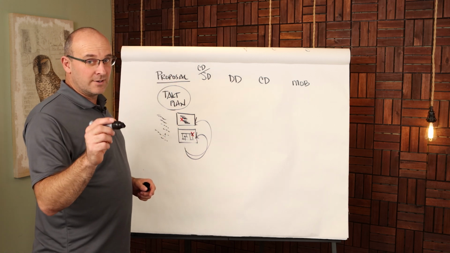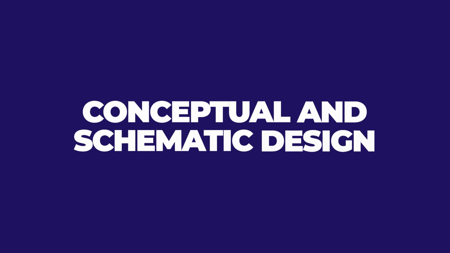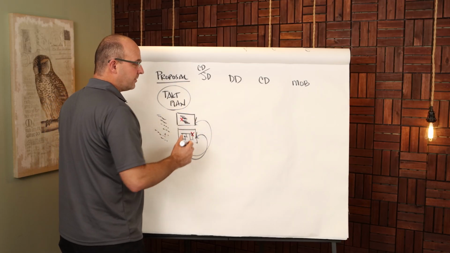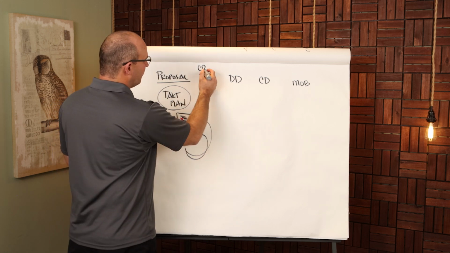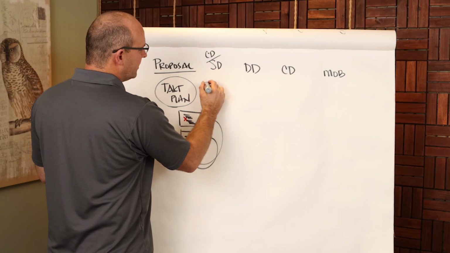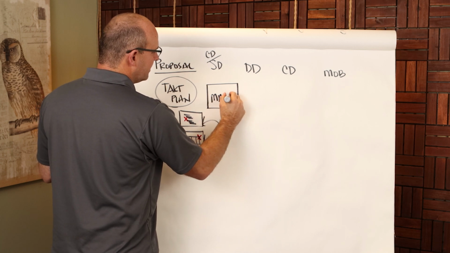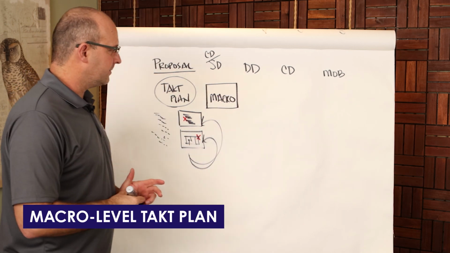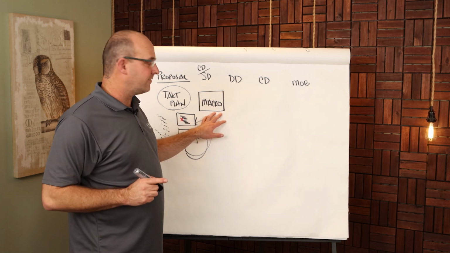Now, this is what I want to talk about for your conceptual design and your schematic design. Early on, once you've won the project, because you used Takt planning in your proposal and in your interview, once you are here, what you will want to do is really detail out a nice macro level Takt plan. Now this means it's going to start, not stay, but start on a 5-day Takt time.